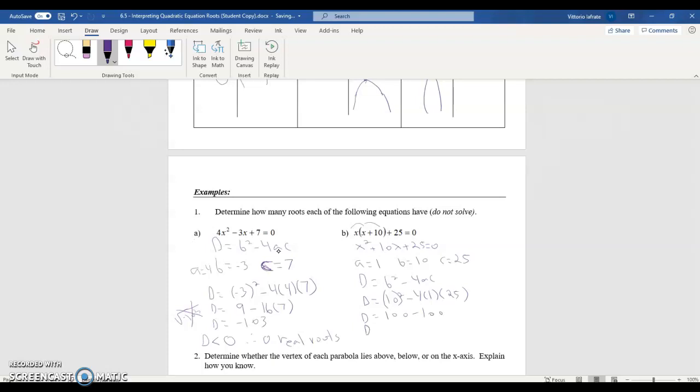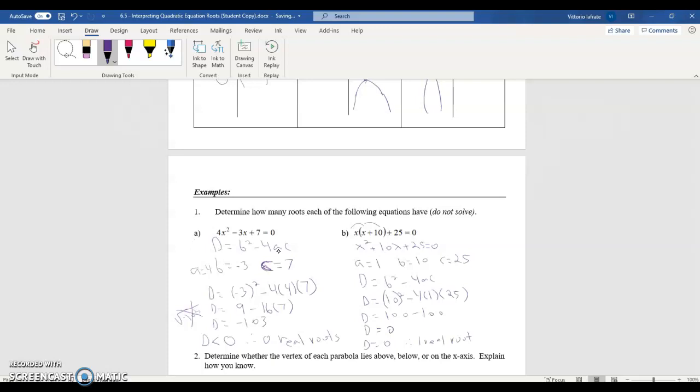So our discriminant is equal to 0. Because our discriminant is equal to 0, what that means is that we have one real root. And if you think about it, it makes sense.